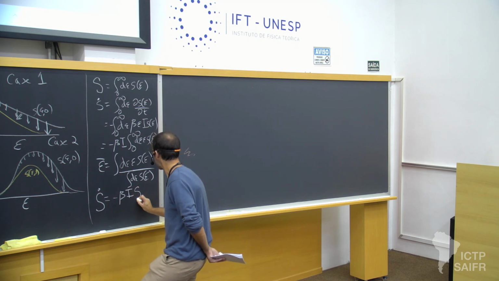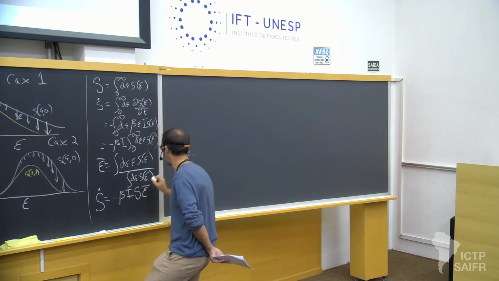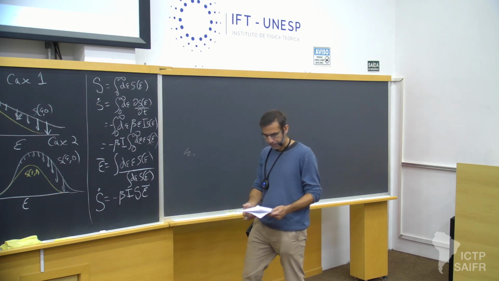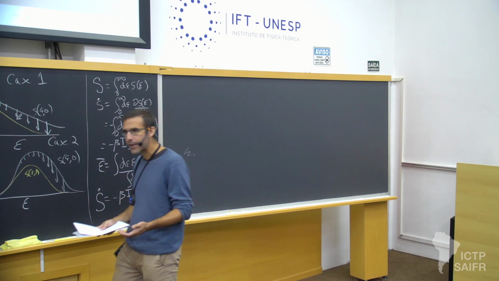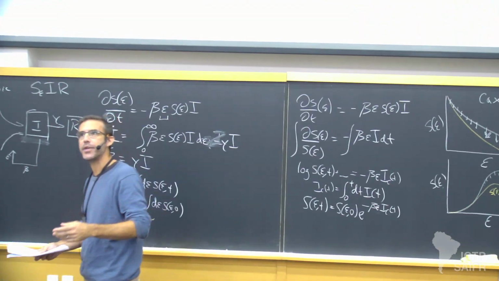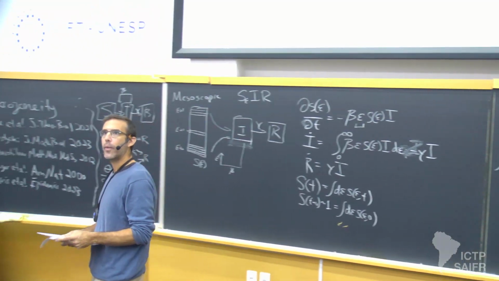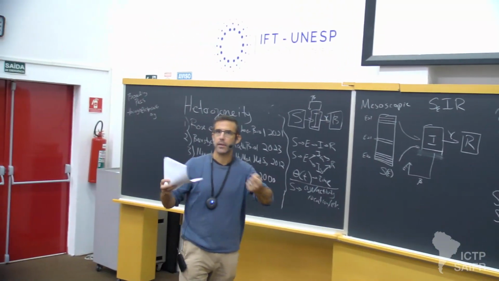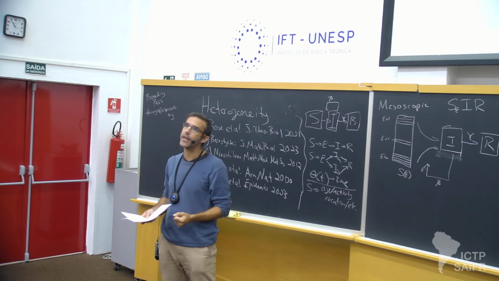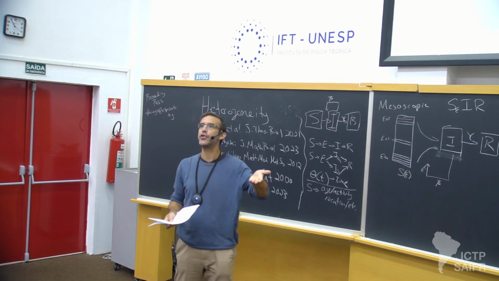So I can write this as S epsilon bar. So now we have a slightly different equation at the level of the population. Rather than just the product of I times S, we have the product of I times S times susceptibility. And you could think of it as being that beta is changing.